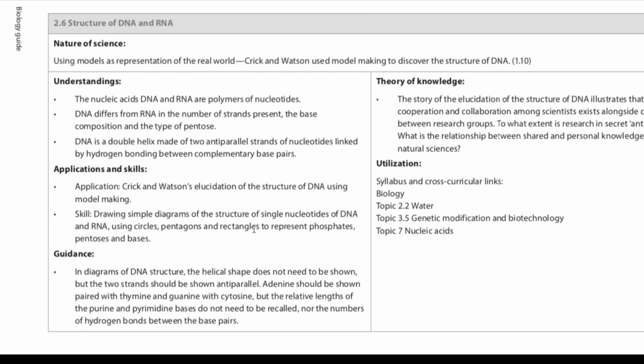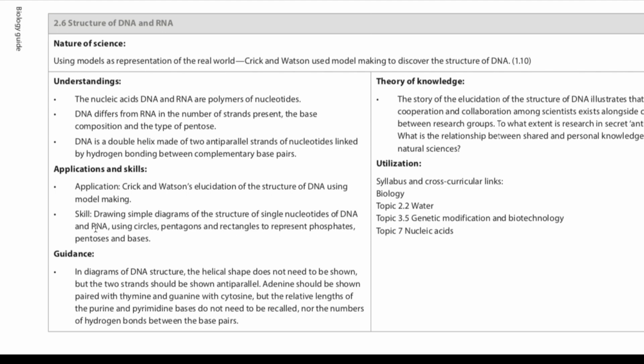And the rectangle to represent the nitrogenous bases, adenine, thymine, guanine, cytosine, and in the case of RNA, uracil replaces thymine. That thymine is spelled T-H-Y-M-I-N-E.